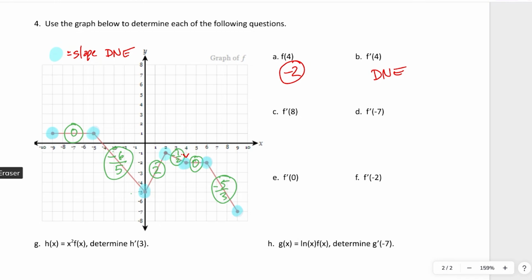Letter C, the derivative where x is 8. Okay, so I look at 8 and I see that the slope along that segment is -5/3. The slope at -7 is that horizontal segment over here, so the slope's just going to be 0.